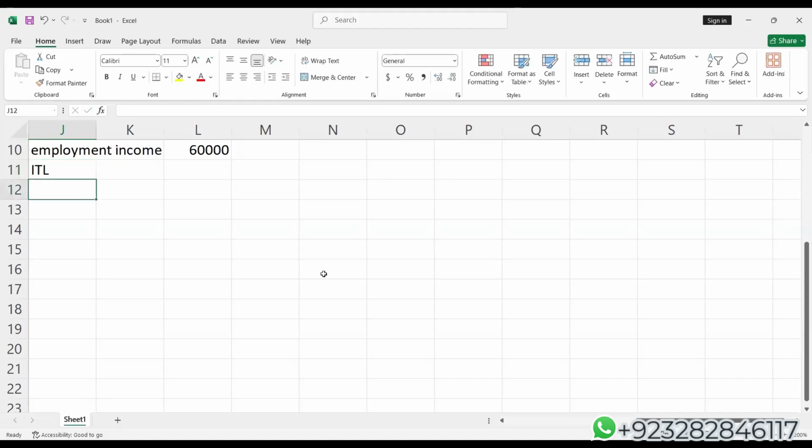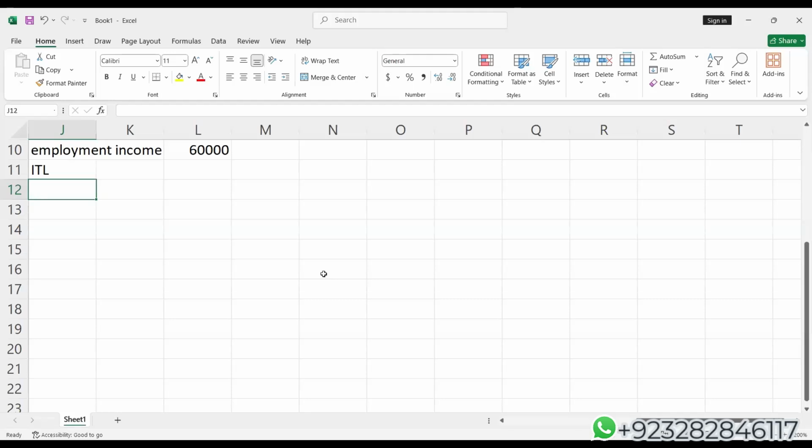I'm giving 1 or 2 minutes, and I want everyone to attempt this. Obviously, employment income is a non-saving income, and on the entire 60,000 we are not going to pay income tax. We will deduct personal allowance. After deducting the personal allowance, we'll get taxable income, and income tax will be paid on that taxable income.